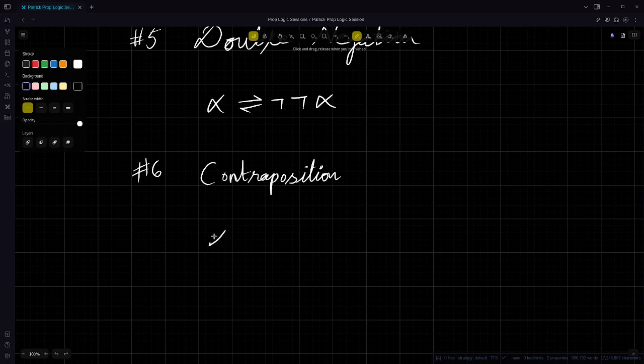Basically, alpha implies beta is the same as not beta implies not alpha. You're just going to get this by modus tollens, right? If alpha implies beta, then if not beta is true, then not alpha is true. That's how you get this. Yeah, I'm following.